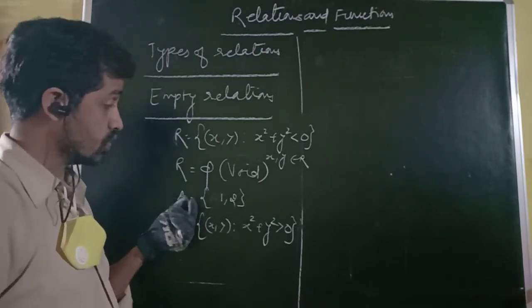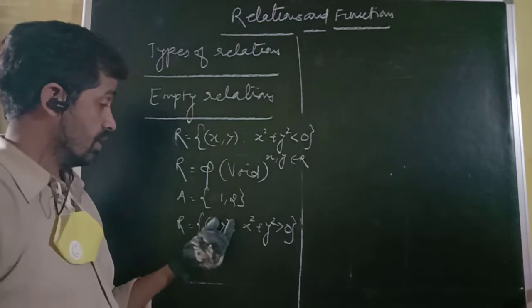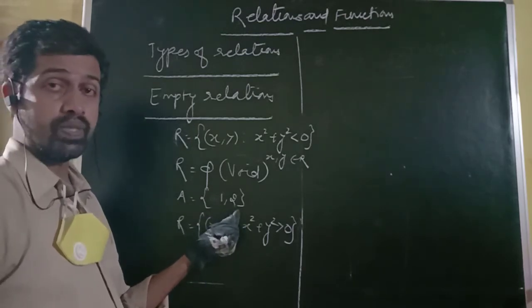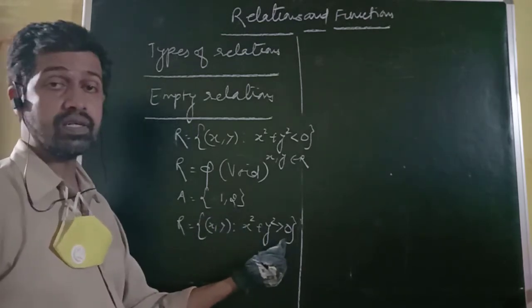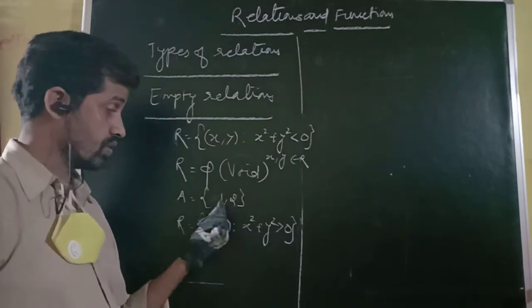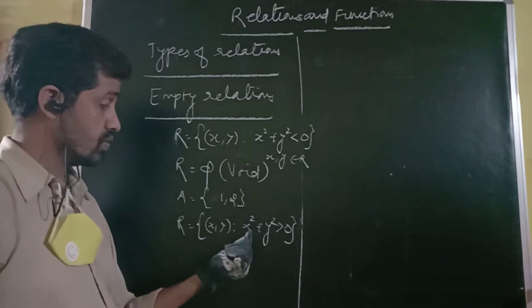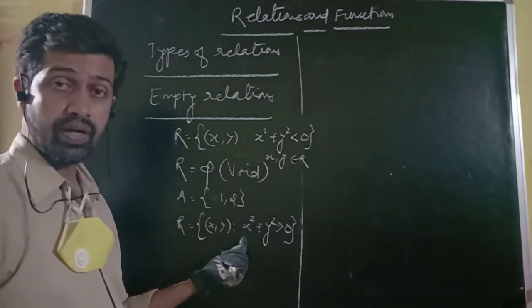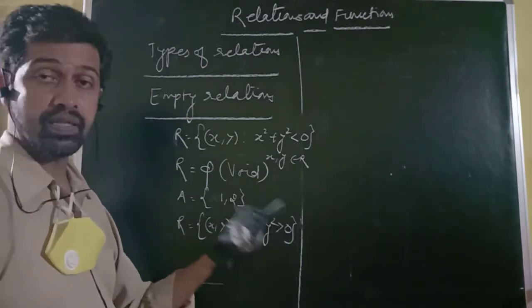So it is quite clear that all the elements of this set A will satisfy this condition. They are real numbers, and squares of real numbers, so the sum of the squares will be greater than 0.